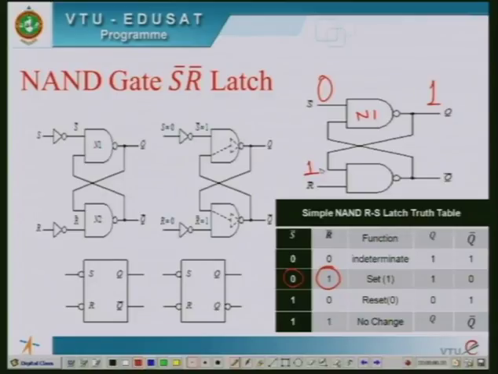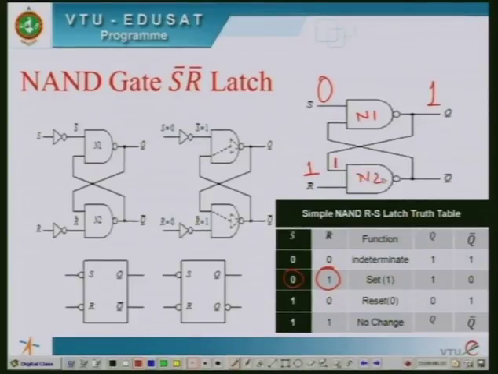For the 0 input, the output is permanently in high state, and this 1 comes as an input to the second gate N2. So, for the second gate, both inputs are logic high. 1 and 1 is 1, NOT of that is 0, so output Q bar will come to low state and Q is in high state.